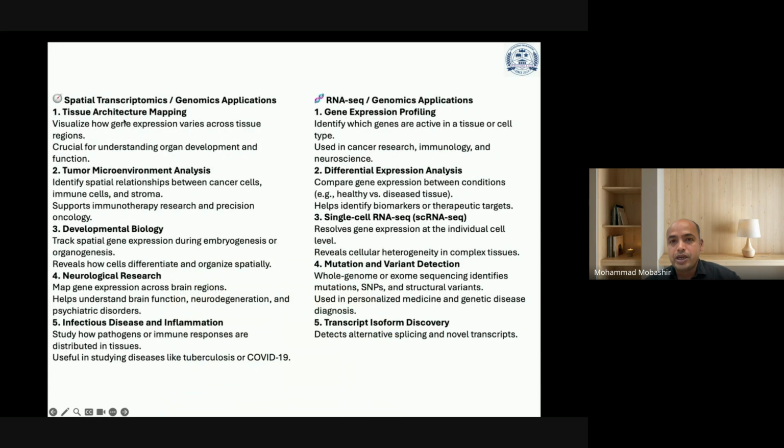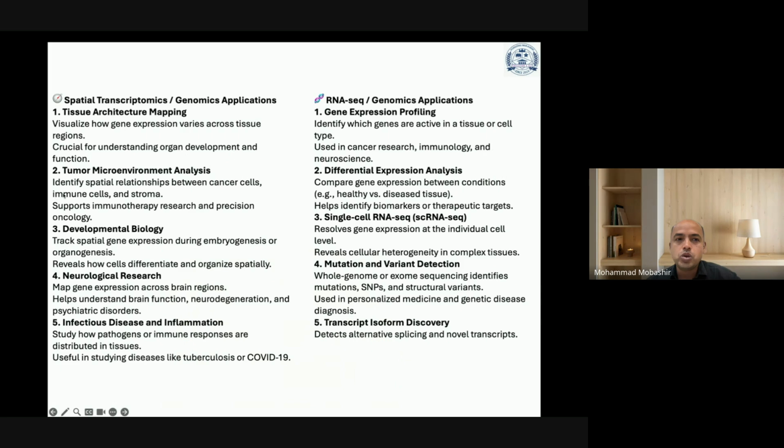Now, in terms of application, spatial genomics or transcriptomics could be applied for tissue architecture mapping to visualize how gene expression varies across tissue regions. It is crucial for understanding organ development and function. It is highly effective and beneficial to understand the tumor microenvironment.